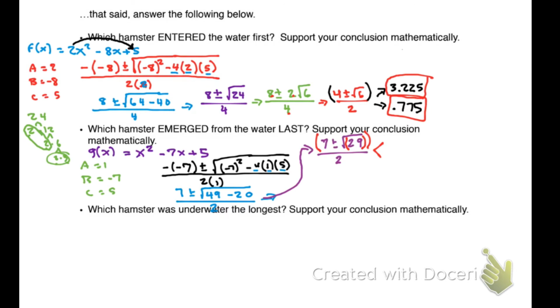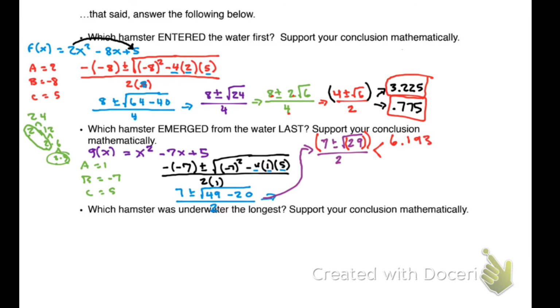So we have 7 plus square root of 29 radical divided by 2 equals 6.193. And again, you want to round it to 3 decimal places at least. 6.193.